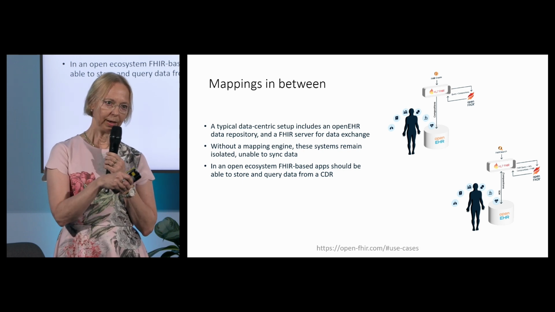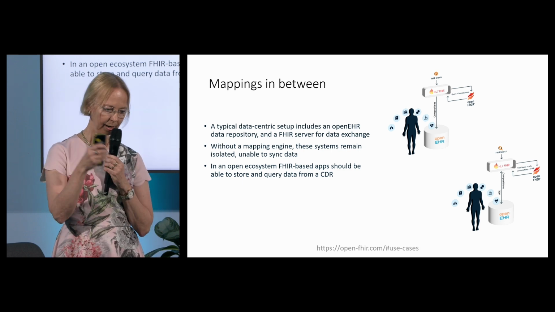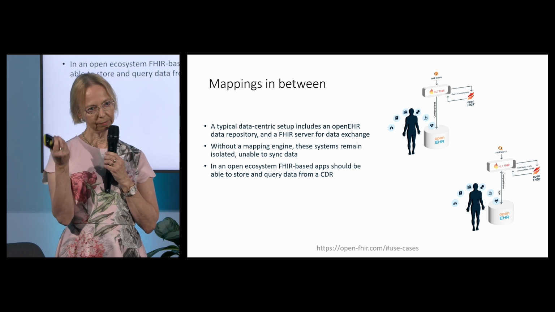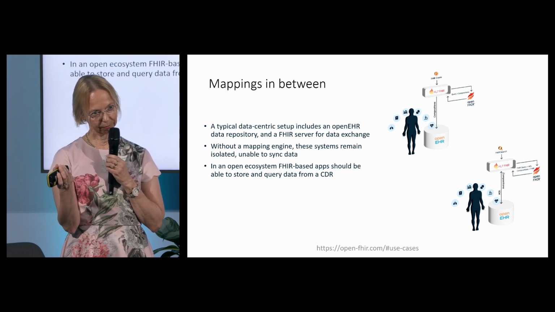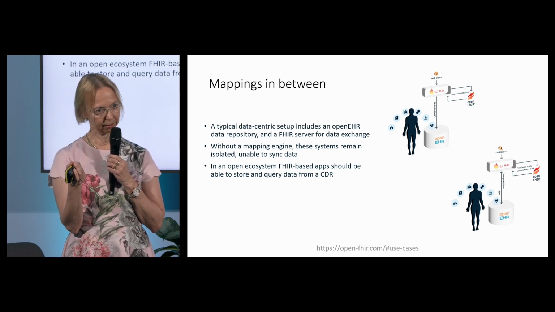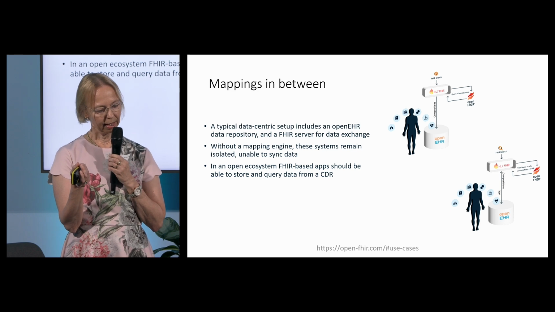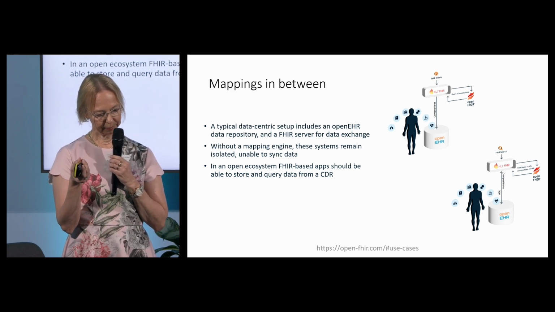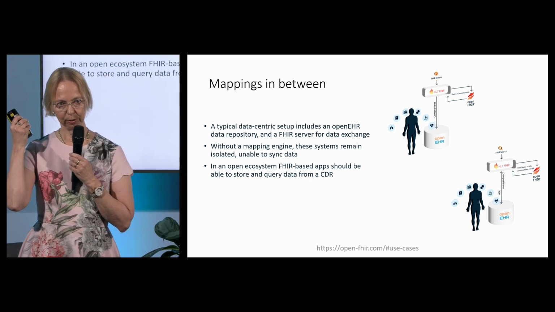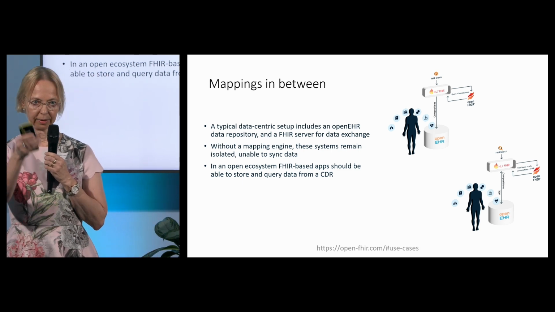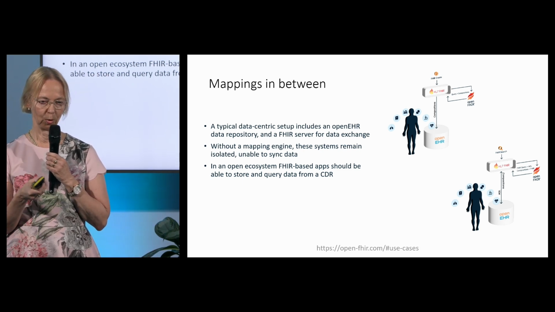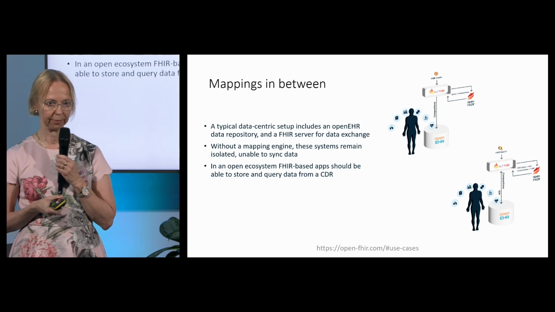Okay, we have OpenEHR, we have FHIR, we are friends, but how can we then work together? We also need mappings in between. And in an open ecosystem, FHIR-based apps, they should be able to store and query data from the OpenEHR clinical data repository.